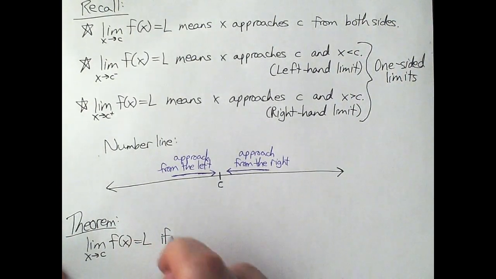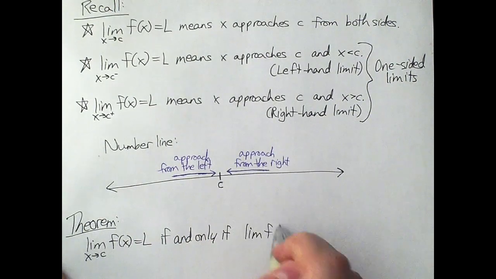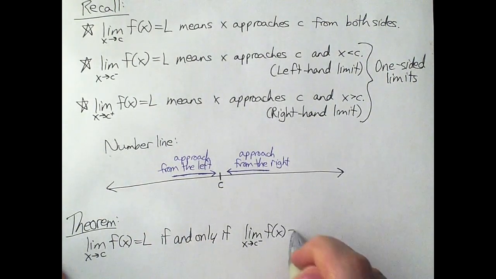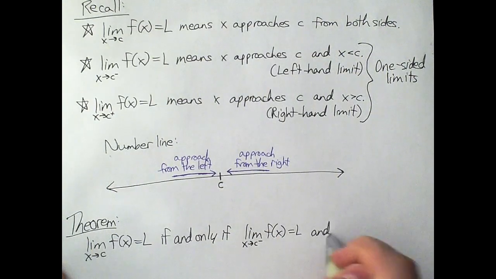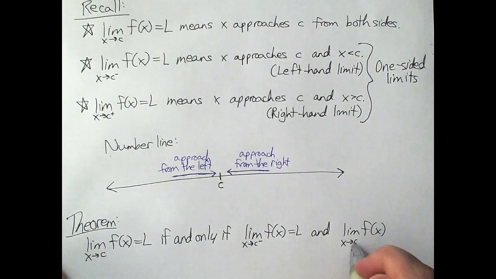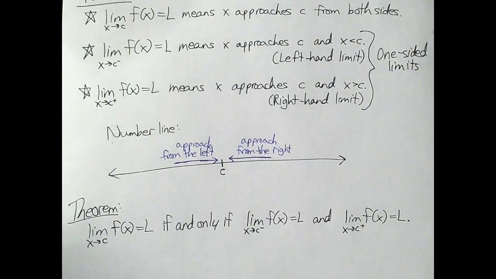It equals L if and only if the limit of f of x as x approaches c from the left equals L, and the limit of f of x as x approaches c from the right equals L. So this is a theorem in one sentence. I'll give you a chance to see that.